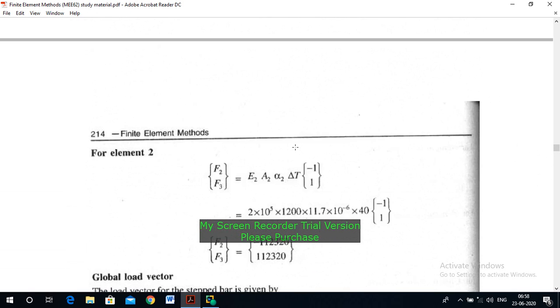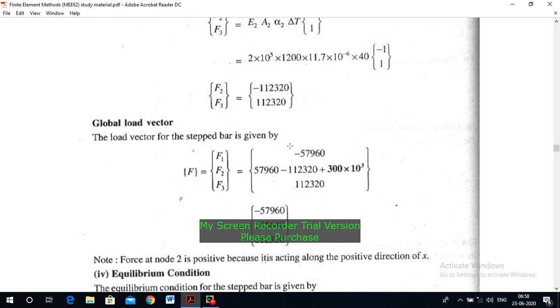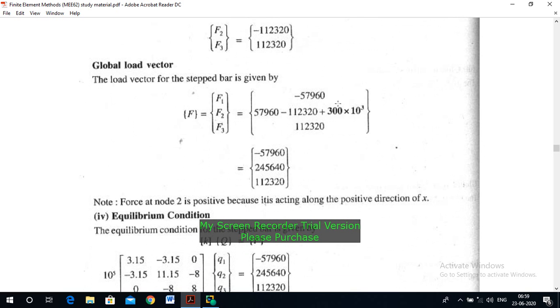This is very important. The force at node 2 will be there, that is 300 kilonewton is given. You have to add it at F2 at node 2, plus 300 into 10 power 3, and F3 is 1,12,320, and after adding and simplifying the equation, finally I will get global load vector F is equal to minus 57,960, 2,45,640, 1,12,320.